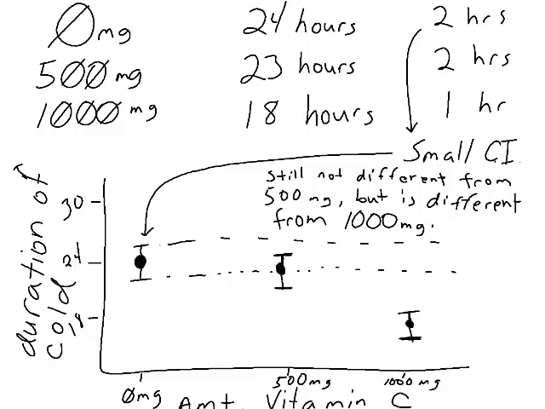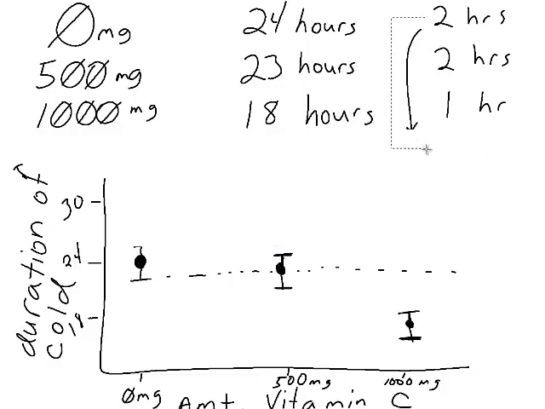And so, if you've got this mean that is a little bit lower than the other mean, so the mean of no vitamin C and the mean of vitamin C, and they're really close together, like 23 and 24 hours. Okay?